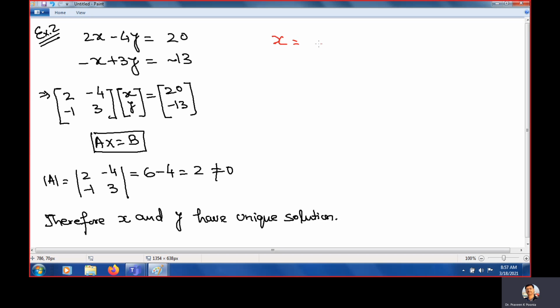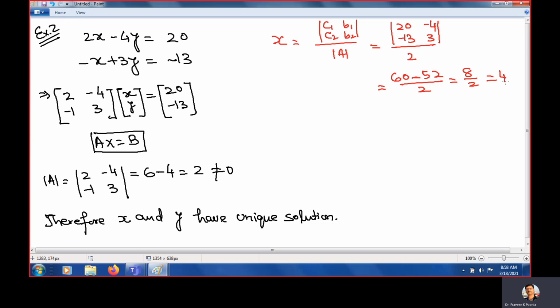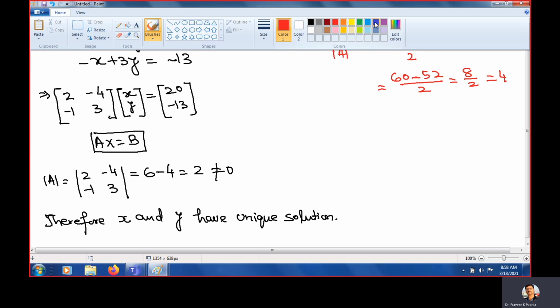What was the formula? x equals determinant CB, |C1 B1; C2 B2| upon determinant of A. What is C1, C2? 20 and minus 13. B is minus 4, 3, upon 2. 20 times 3 is 60 minus, plus 13 times 4 is 52, upon 2. So subtraction, 8 upon 2, the answer is 4. This is the value of x.